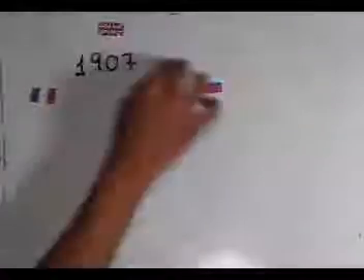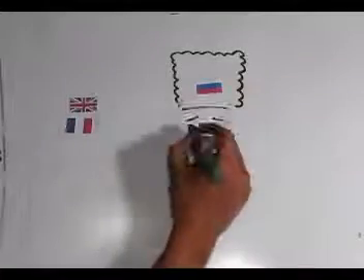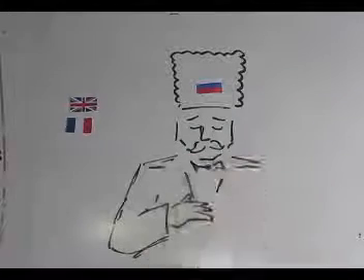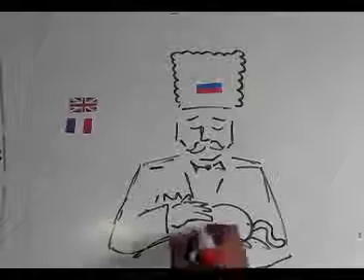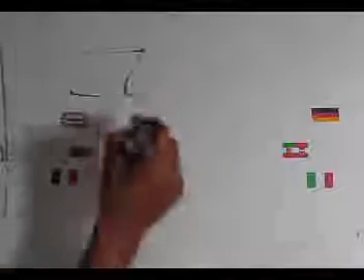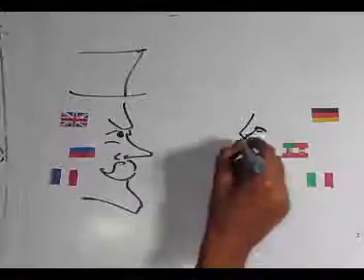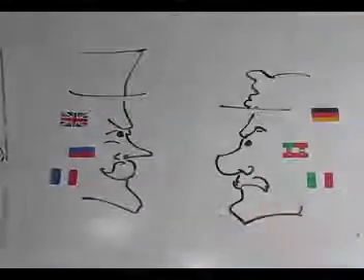Russia joined the Entente in 1907, and due to her desire of controlling the Balkans, she had signed a treaty with Serbia to protect her in case of war. In conclusion, alliances created tension between European powers, which contributed to the already unstable political environment.